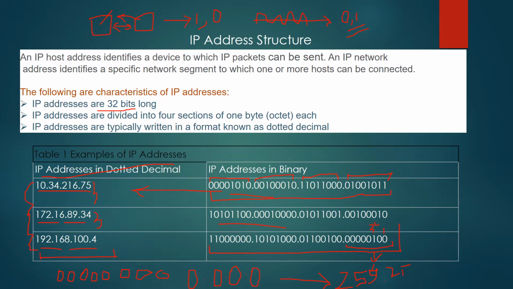So this is the largest IP address in IPv4, and 0.0.0.0 is going to be the smallest IP address in IPv4.